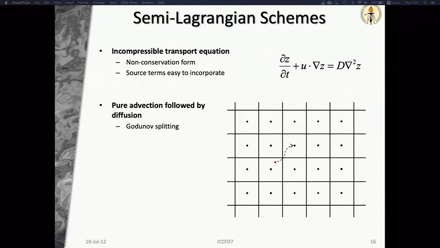It'll land on the node. Yeah, that's what will happen. If CFL is exactly equal to 1, let's say we only have horizontal velocity. This node came from that node, and you don't need to do any interpolation. That node value is already known, right? So the interpolation errors will be non-existent, and your advection will be exact.